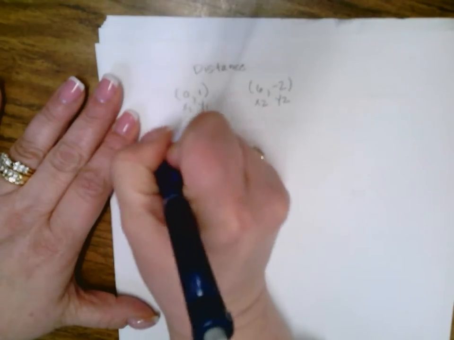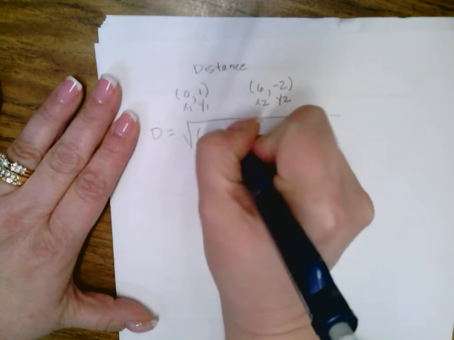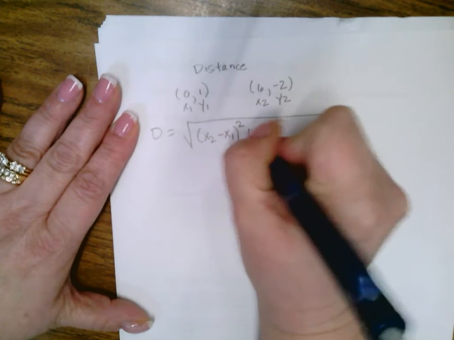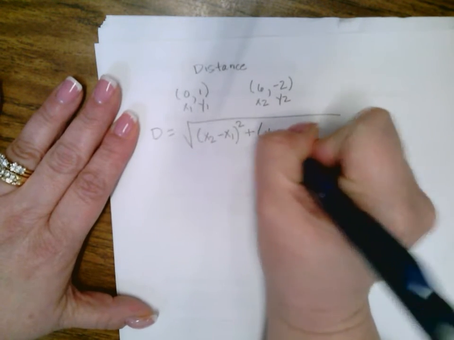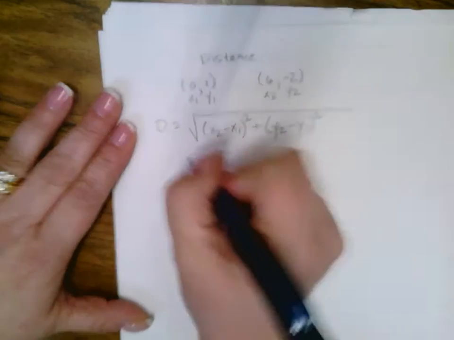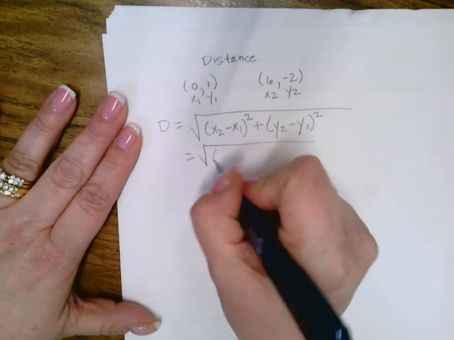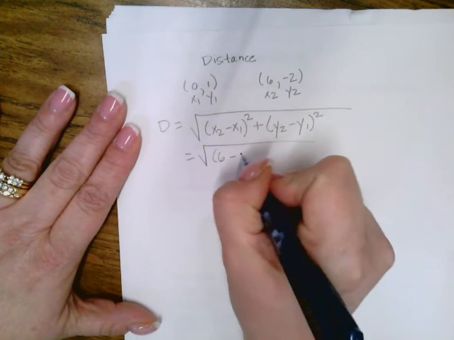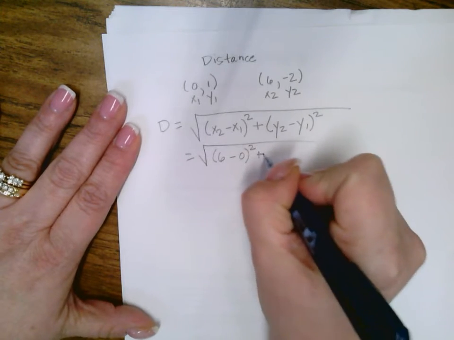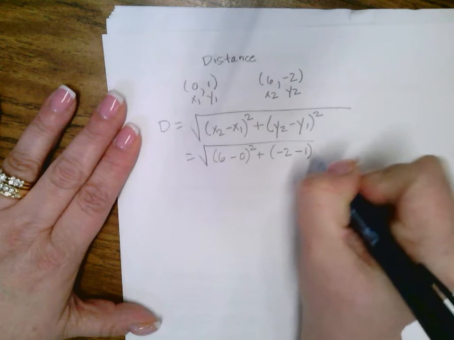If I write the distance formula, x2 minus x1 squared plus y2 minus y1 squared, and I plug in all of my information, I'll have 6 minus 0 squared, and I'll have negative 2 minus 1 squared.